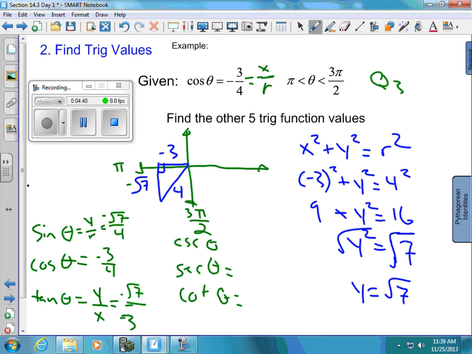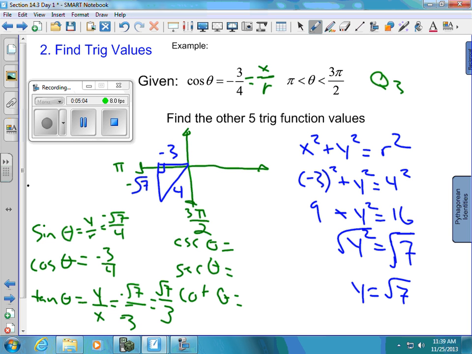Okay? Put that on there. So negative square root of 7 over negative 3 is just square root of 7 over 3. I forgot to label that negative sign, but obviously it makes sense for going down. It has to be a negative square root of 7.